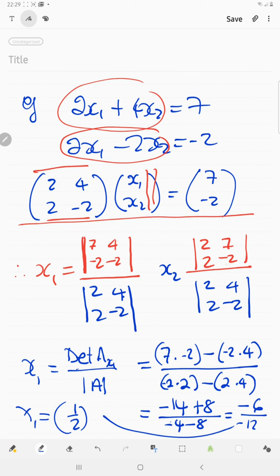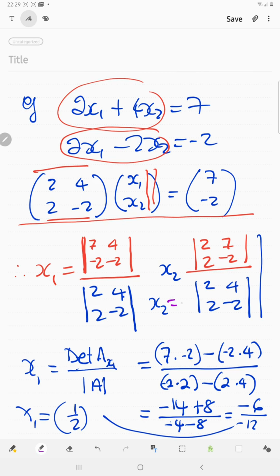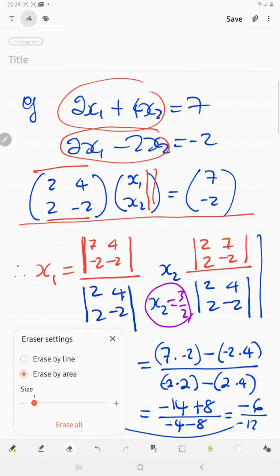Then you can use the same approach to get the value of x2, and if you simplify that, you get x2 is equal to 3 over 2. So that's how we look at problems in that particular way.